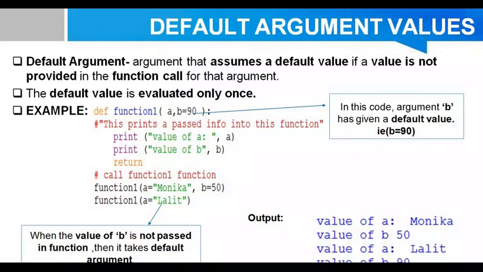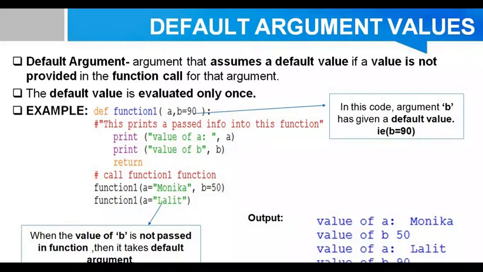The default value is evaluated only once. So see what I did here. I'll just make a function. In the previous example, we have already seen the functioning of a default variable. So here is another example of default. Here I am again using a b variable with the value 90 as a default argument.